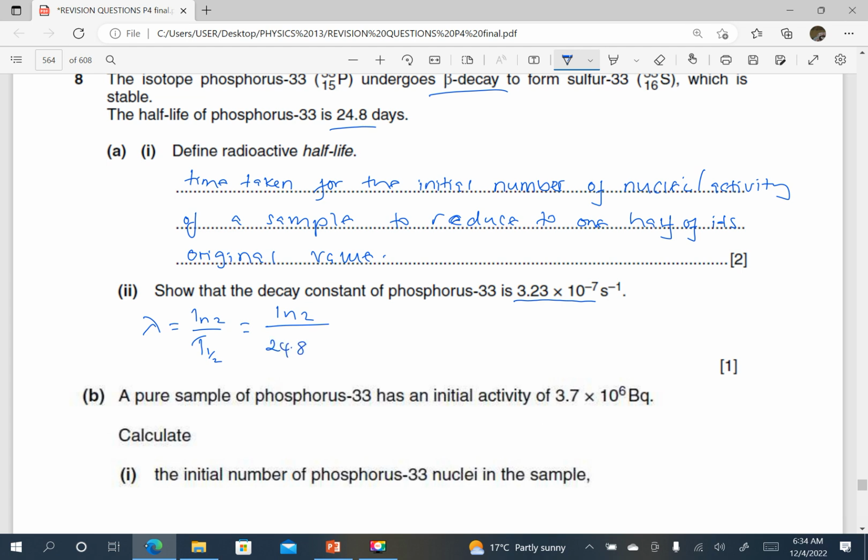So this will be 24.8 days. Each day is 24 hours. Each hour is 3,600 seconds. So I press my calculator.